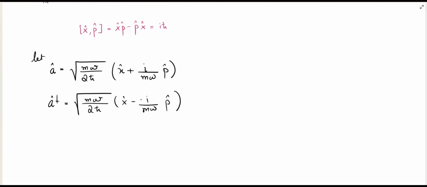Now, using this commutator rule, you will easily see that the commutator of a and a dagger is equal to 1.